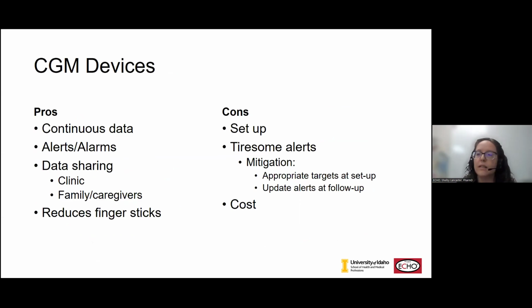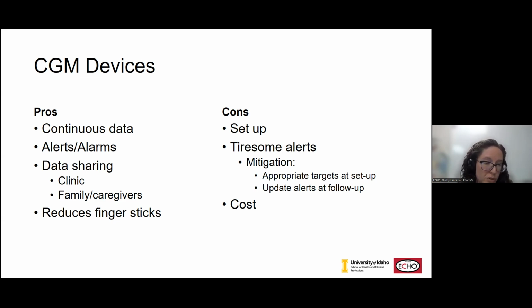With our CGMs, there are pros and cons. Ultimately, having access to continuous data is really amazing for pattern identification and management of patients' blood sugars. Having alerts and alarms helps our patients with their management and improves their safety. They allow for data sharing with ease of access to the clinic as well as from a family perspective for safety and support should they have issues with low blood sugars.